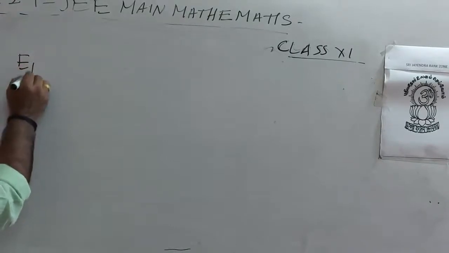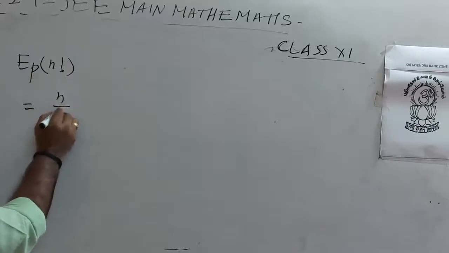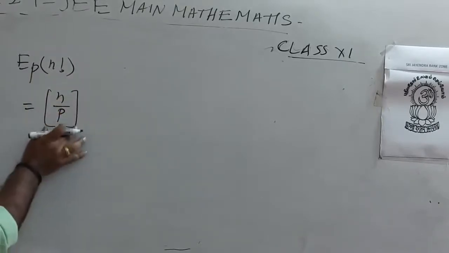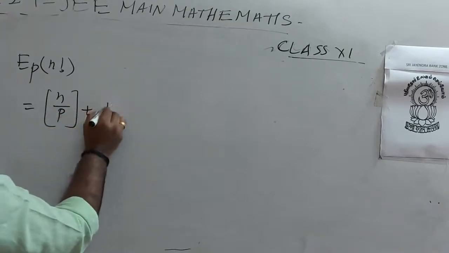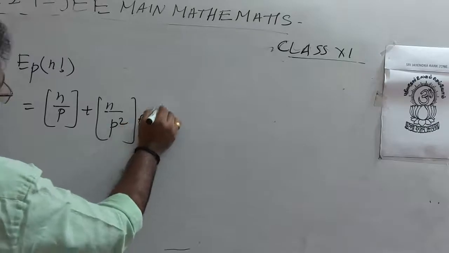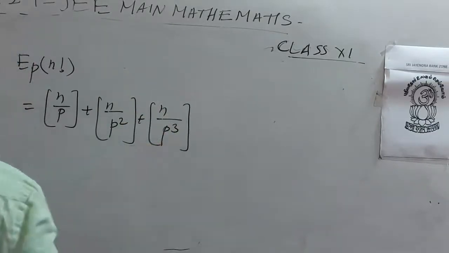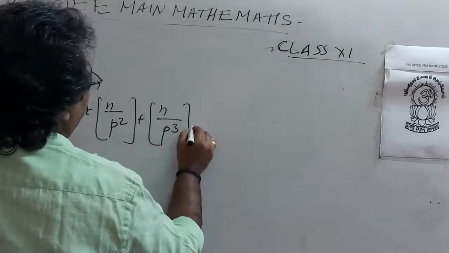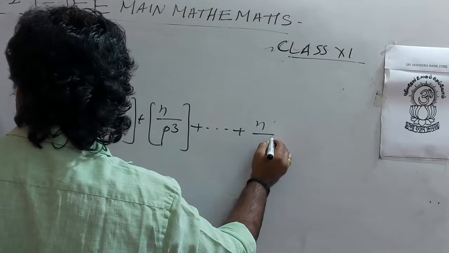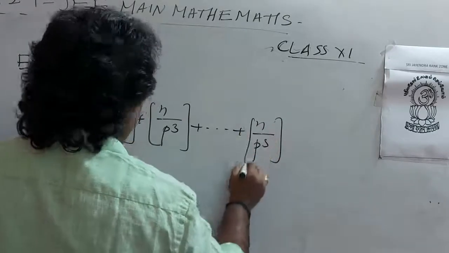E p of n factorial equals floor of n by p, where the bracket is the greatest integer function, plus n by p squared, plus n by p cubed, plus etc., up to n by p power s.